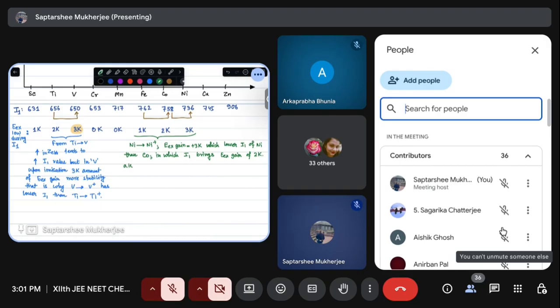Also, cobalt to cobalt plus ionization energy is lower than iron to iron plus, where gain in exchange energy is only 1k. Just tell me, have you understood this or not?